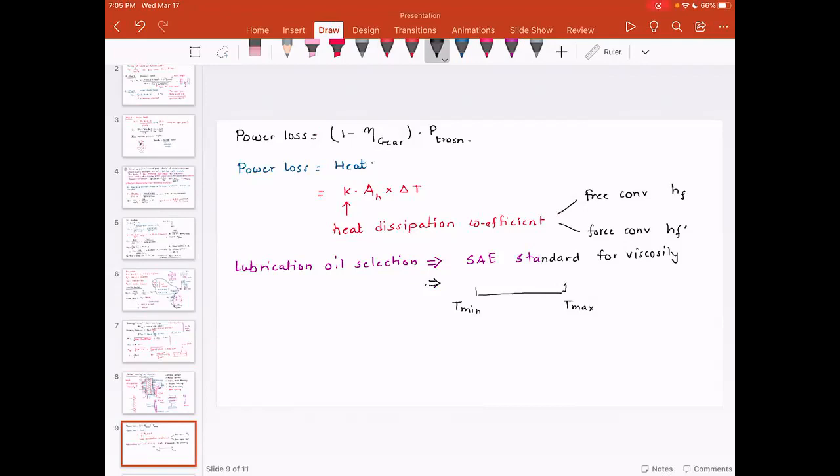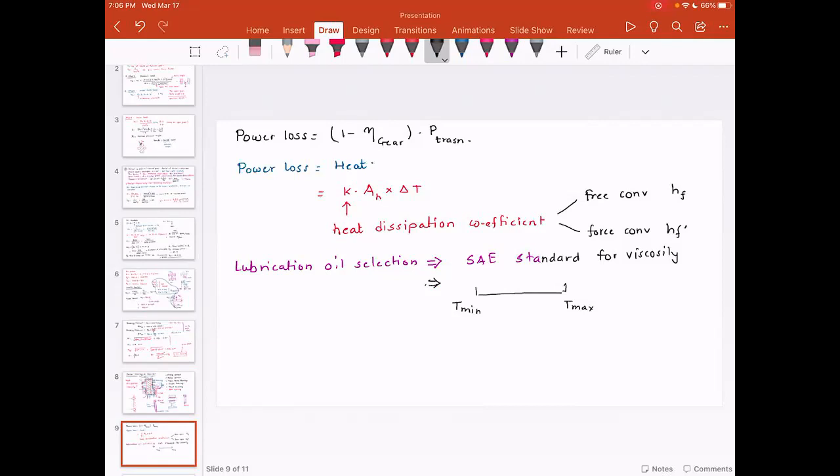That will actually drag the gearbox, and that will increase the amount of losses. Or if the gearbox heats up significantly, then the viscosity of the oil would drop down, the lubrication capability of oil would drop down. Oil will not stick to the surface to dissipate the heat, and there will be some sort of lubrication failure. So you want to make sure that you are selecting the oil that can behave satisfactorily within these limits.